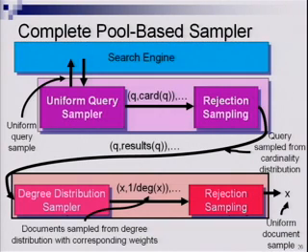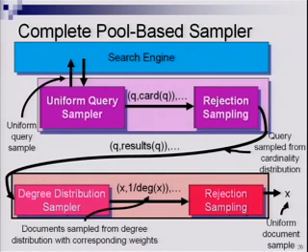Okay, so this is the full picture of how the sampler looks like. First, you sample queries uniformly from the pool. You submit them to the search engine. You then know their cardinalities, which you use in the bias weights. You feed that into rejection sampling, and the output now is our queries according to the cardinality distribution, not the uniform one.